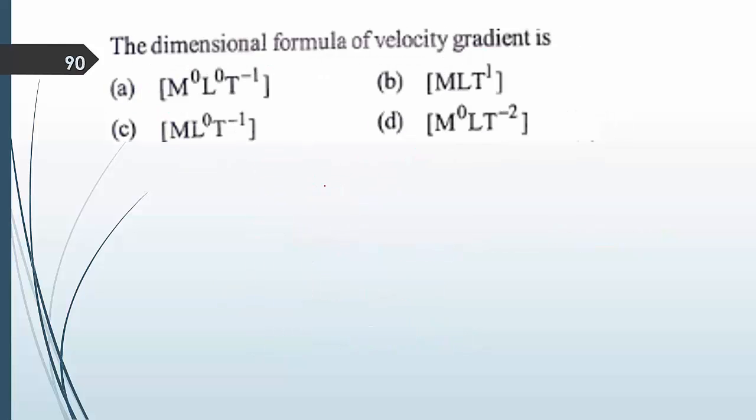Question number 90. The dimensional formula for velocity gradient is, velocity gradient is velocity per unit distance. What is velocity gradient? You have studied about temperature gradient in thermal properties. Likewise, velocity gradient. This is velocity per unit distance.